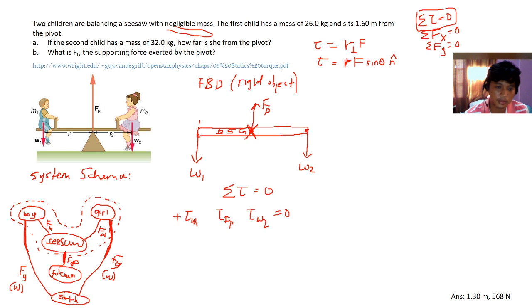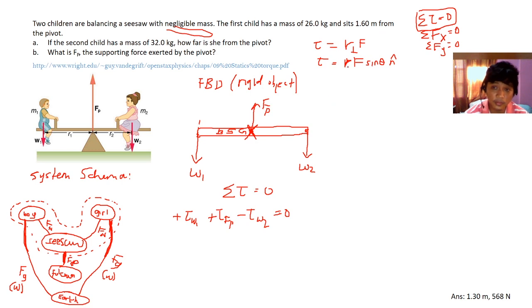So that's actually a positive torque. FP, I said, is gonna produce no torque at all, so it doesn't matter what sign I put here. Let me just write plus. Torque produced by W2 is making the object rotate clockwise, so I'm gonna put that it causes a negative torque, W2.